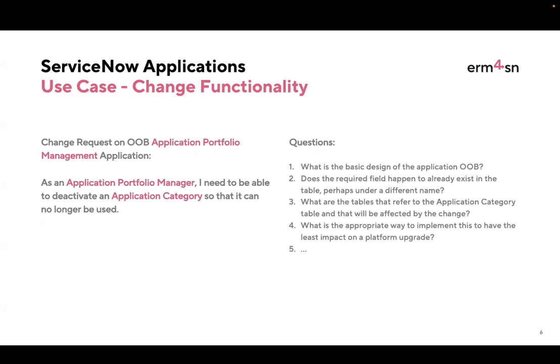So now the questions would be here, well, what is the out of the box design of this application portfolio management application? And once I know that, is there maybe already a field which I could reuse?